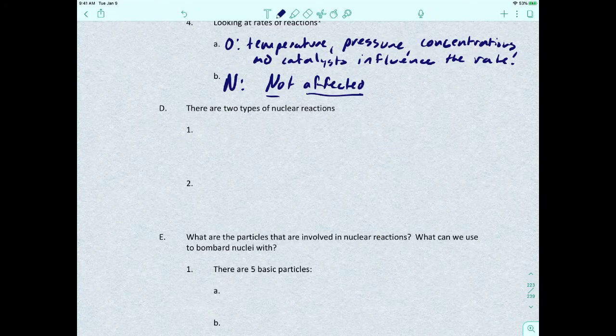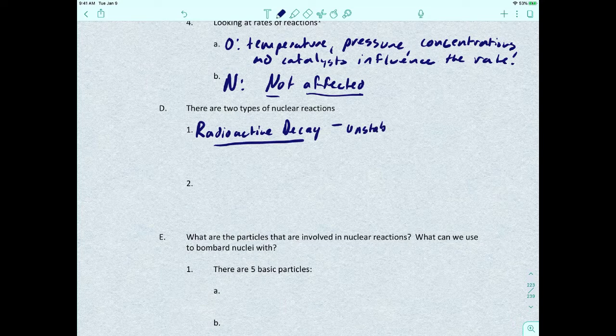When we look at nuclear reactions, there seem to be two major types of nuclear reactions. The first one is called radioactive decay. In radioactive decay, what we're doing is taking an unstable isotope and making it stable.